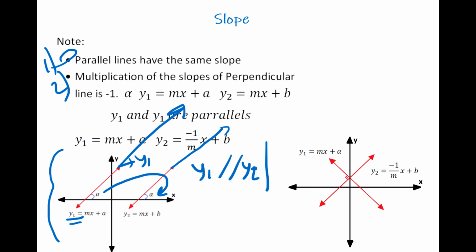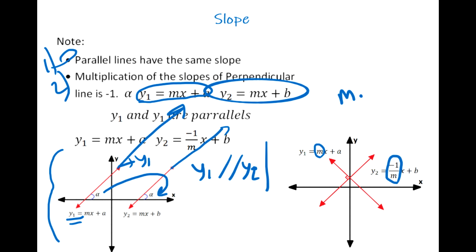And number 2 says the multiplication of the slopes of perpendicular lines is negative 1. In other words, let's say this is y1 and this is y2, and this is shown in the second case. If you look at the slope here for y1, this is m, times for y2 this is negative 1 over m.